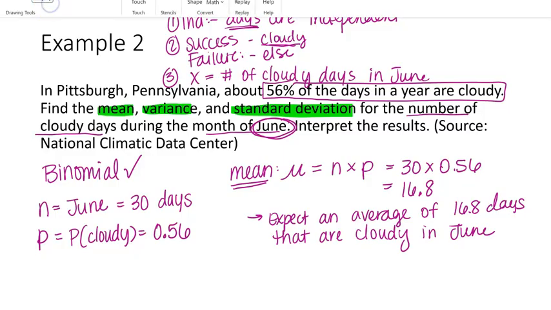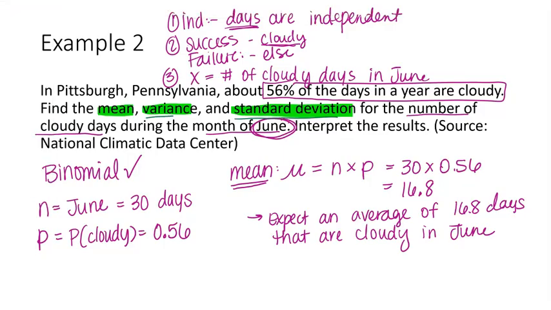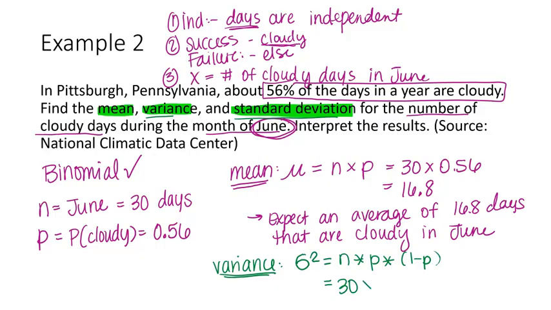It also asks me for the variance and the standard deviation. The variance has a formula. Remember, variance is sigma squared. And it says I need to take n times p times q, aka 1 minus p. So we know that n is 30. We know that p is 0.56.